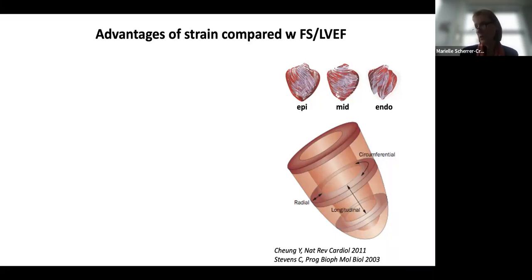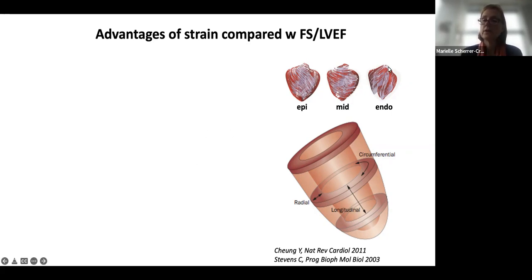Just a few words on the advantages of strain, at least the theoretical advantages of strain compared with LVEF. I'd like to go back to the orientation of the myocardial fibers, as it helps explain this.